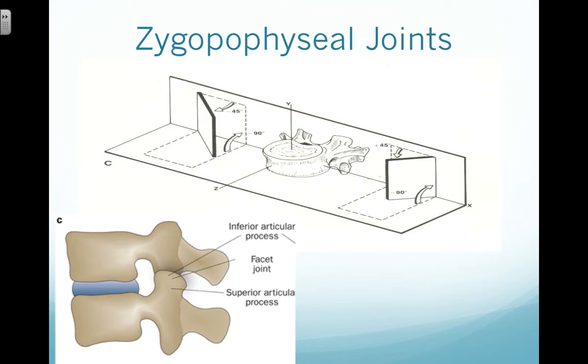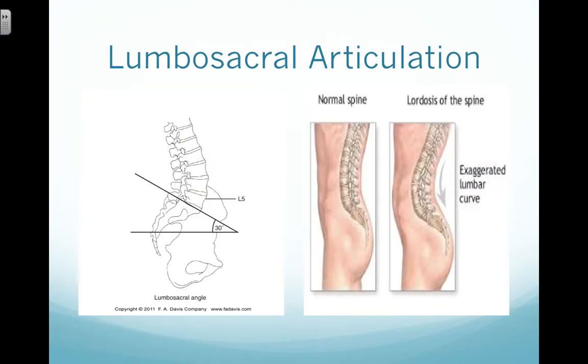This is so that the angle formed between the sacrum and now transitioning into the lumbar spine actually creates that lordosis. We'll look at that in a little bit more detail here in just a second.